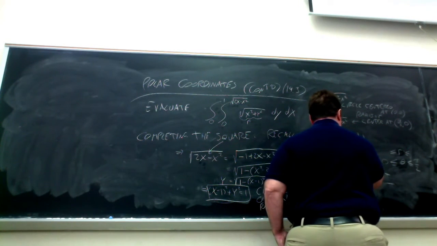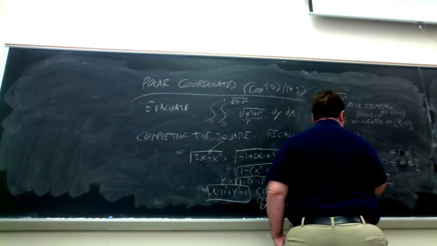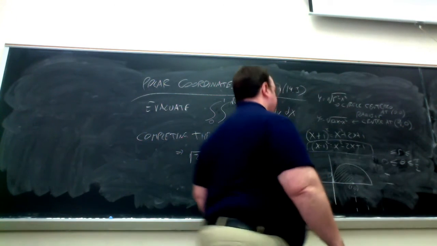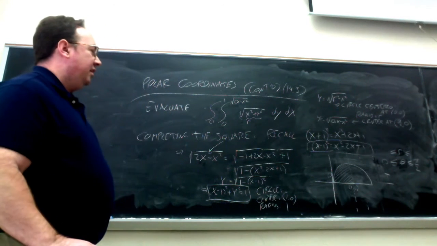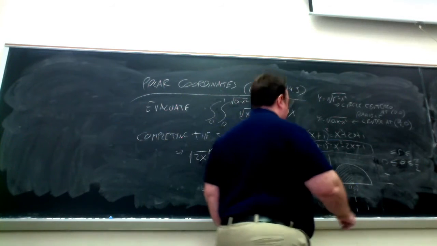But now, this is my upper boundary. So it's no longer the whole top half circle. It's just basically the northwest quarter of it.